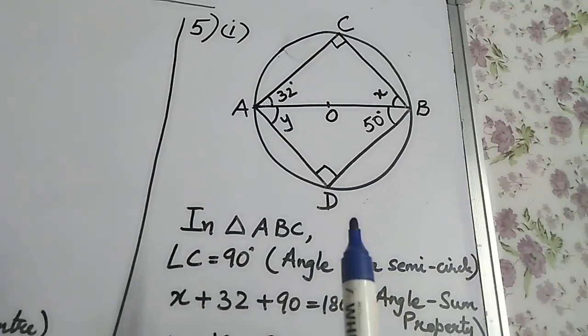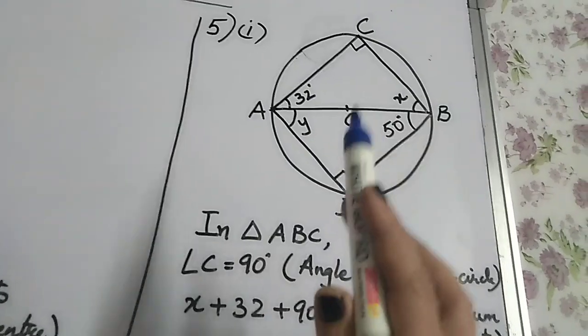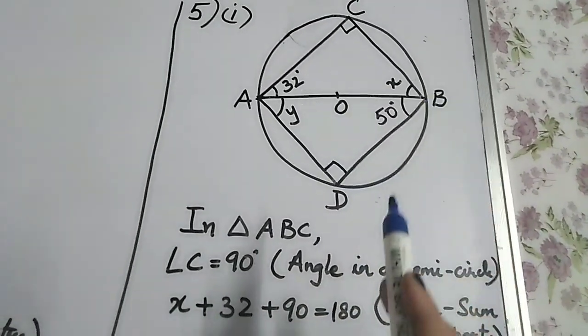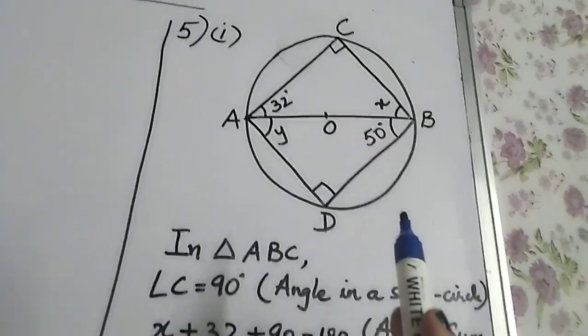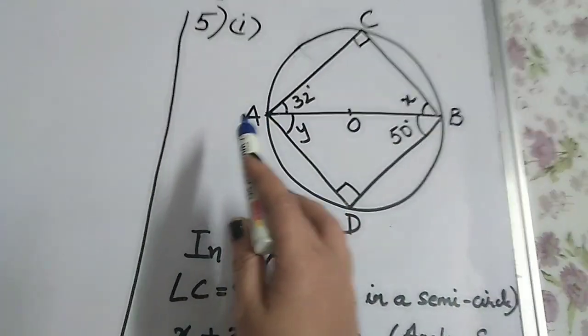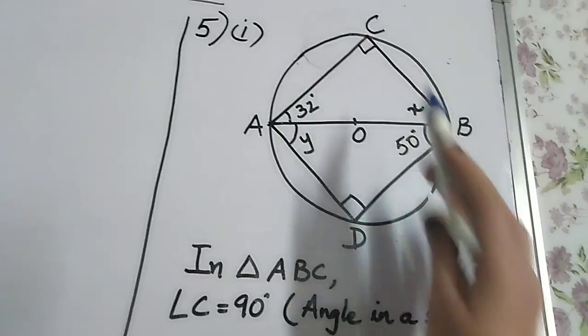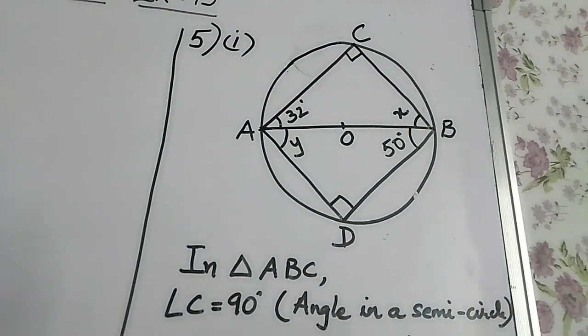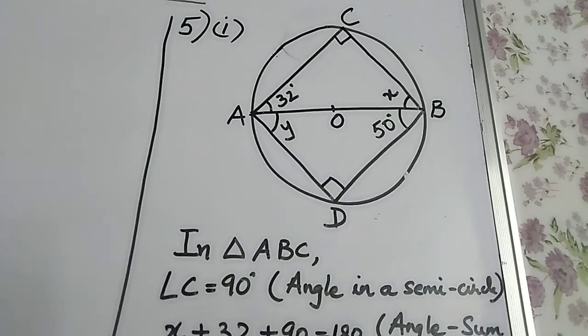Which concept have we applied here? That the angle in a semicircle is a right angle. How will you know it is a semicircle? When there is a diameter, or you can say the diameter subtends 90 degrees at any point on the circumference of a circle.